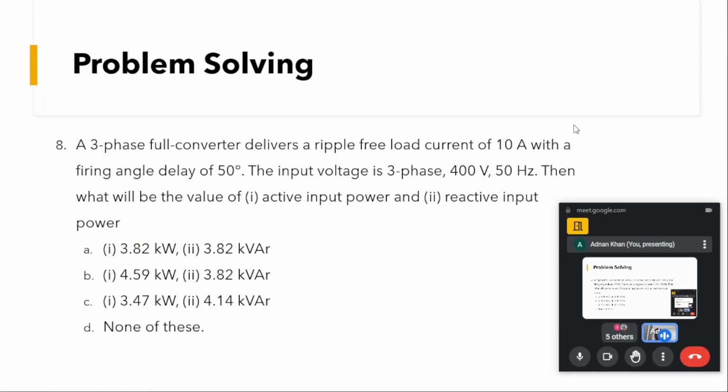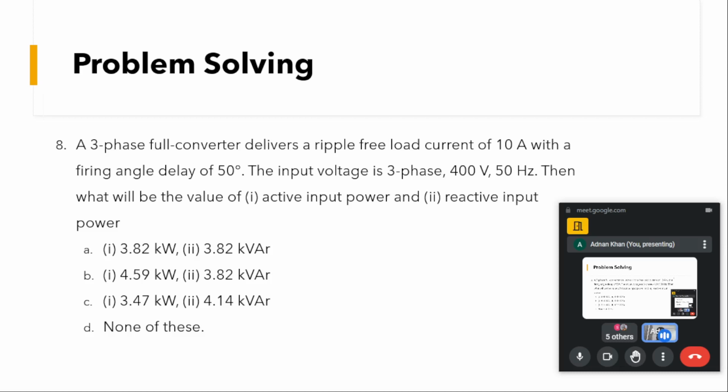Now the eighth question. Here what is given: a three-phase full converter delivers a ripple-free load current of 10 amps with a firing delay of 50. So we have a ripple-free load current, that means the load inductance is very high, and we have a load current of 10 amps.